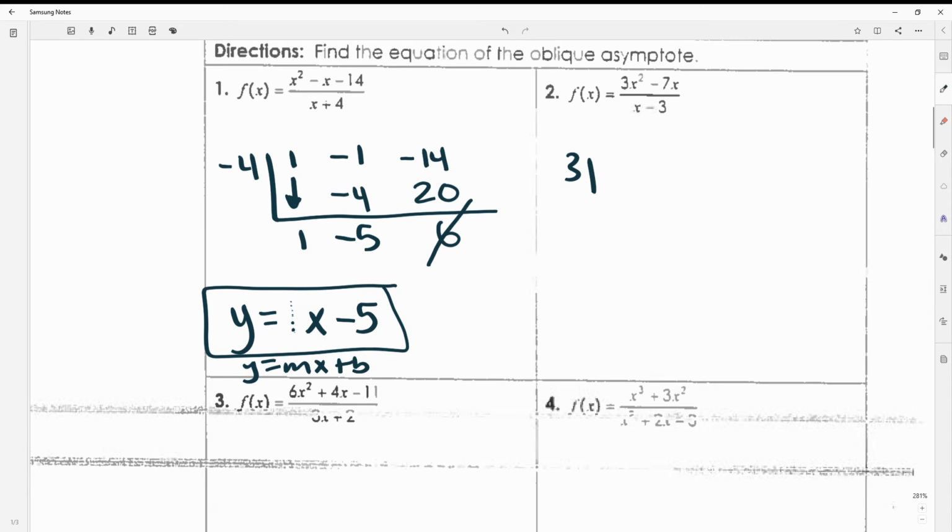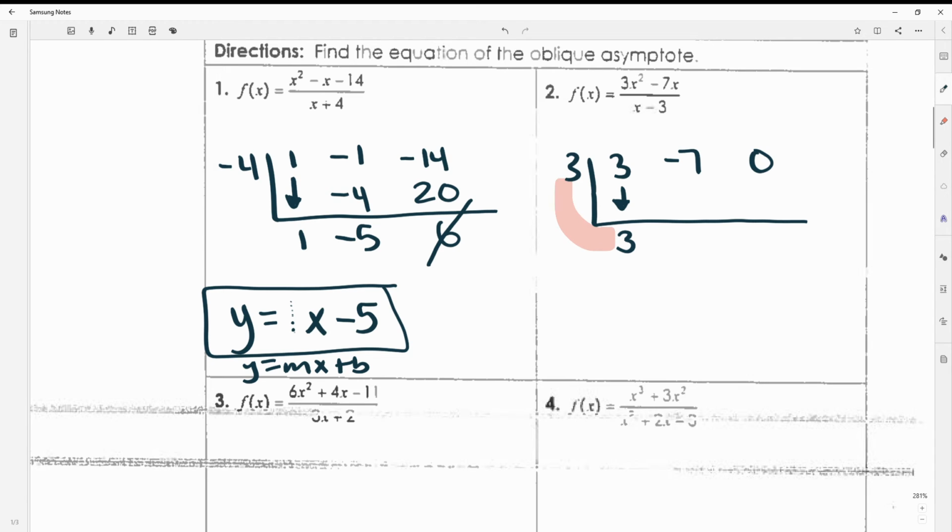3. Okay, the coefficient in front of x squared is 3. The coefficient in front of x is -7. And then my constant, well, I don't have a constant, so that guy is 0. Bring this guy straight down, and then we're going to get started. Remember, I'm going to take this 3 and I'm just going to multiply.